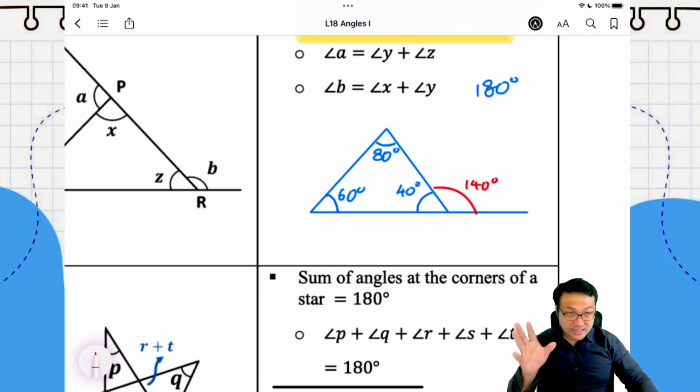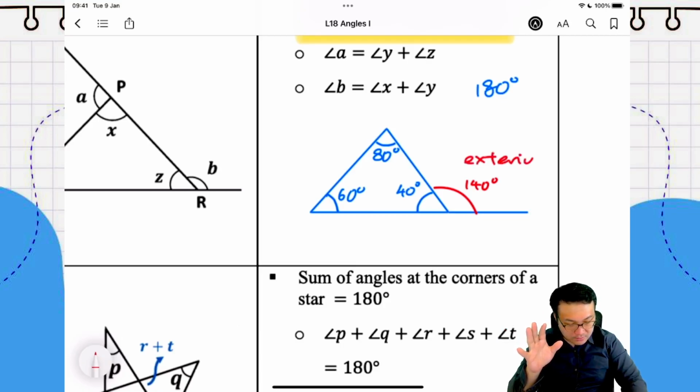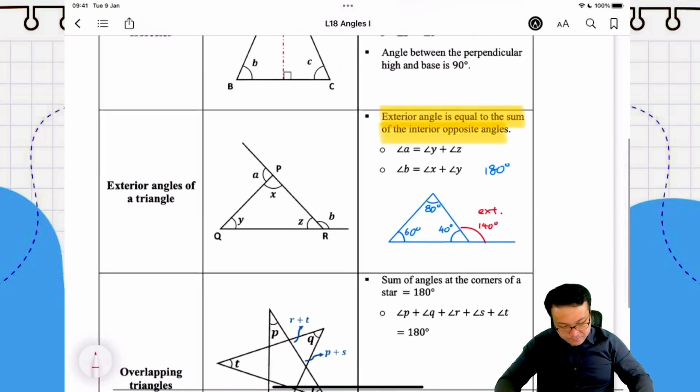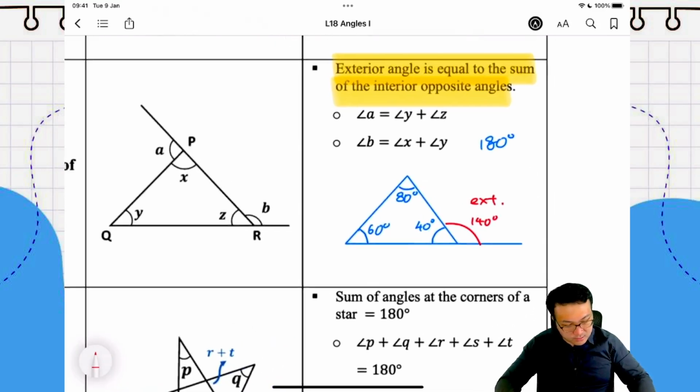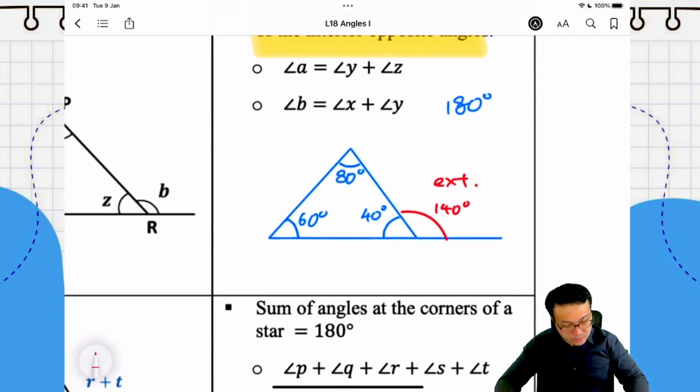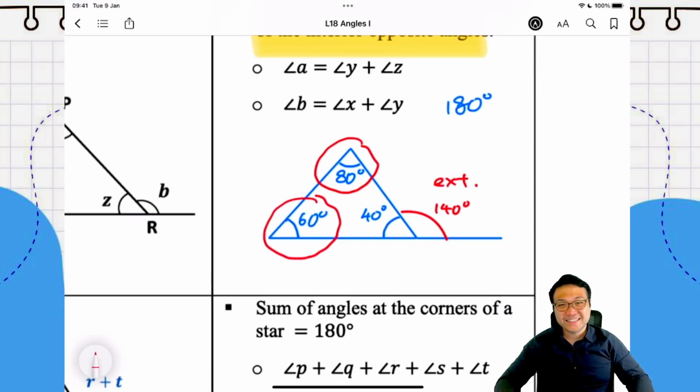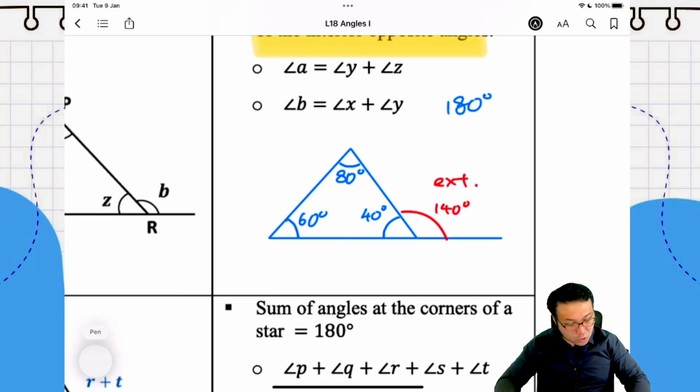Do you notice that the exterior angle, EXT, exterior, equals this angle plus this angle, correct? 80 plus 60. So the exterior angle equals the sum of the interior opposite angles.